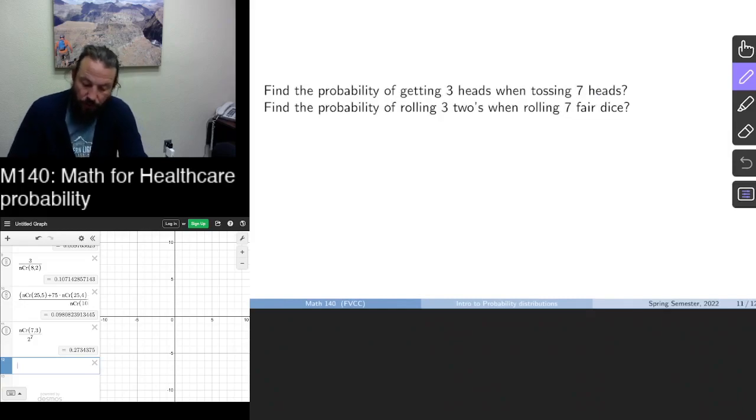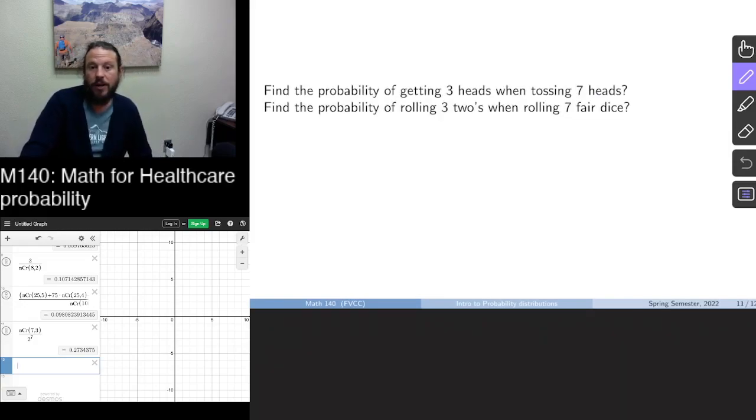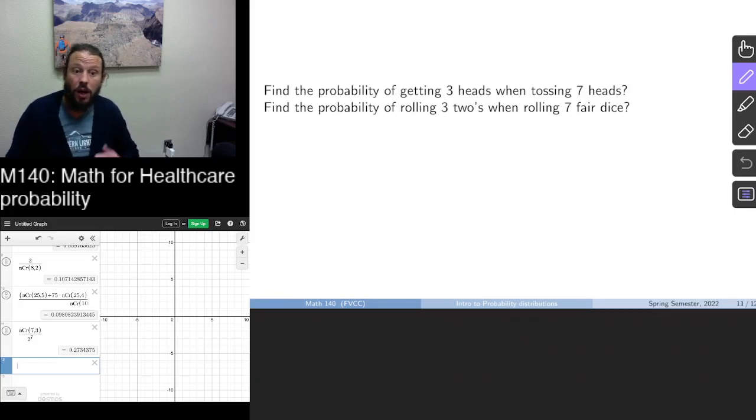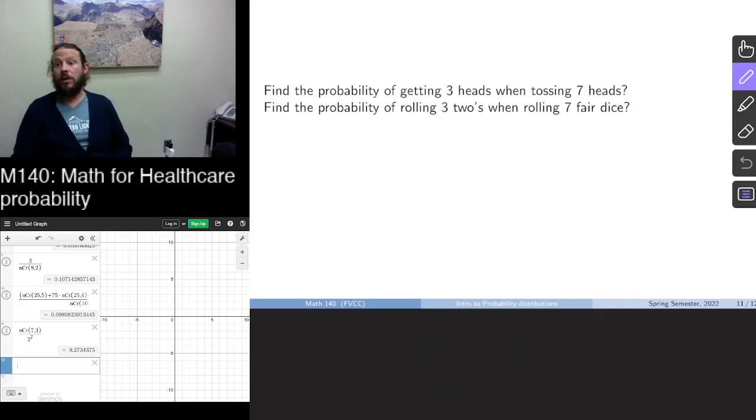Find the probability of rolling 3 2s when rolling 7 fair dice. This is actually another binomial problem because the dice don't have memory. It's independent. If you roll one die and you roll the next, the probability doesn't change. But here, it's a little trickier. We're going to have to dive deep.